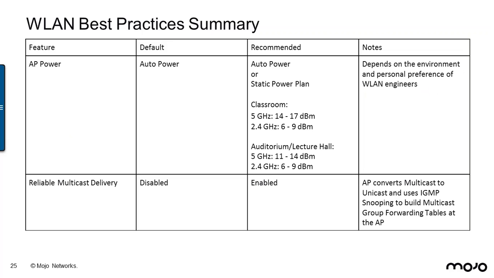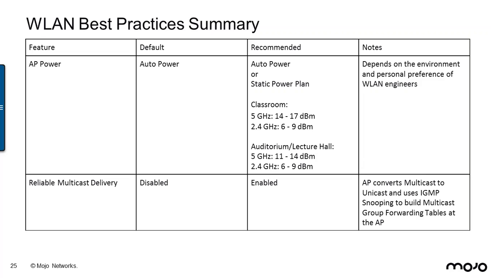Another one I'd like to point out: reliable multicast delivery. A lot of campuses will have video brought in from satellite or from cable, and then they'll have a V-brick or a high vision or some other way to support TV over IP, IPTV. They'll publish the channels, and those streams for the individual channels will be multicast on the wire.